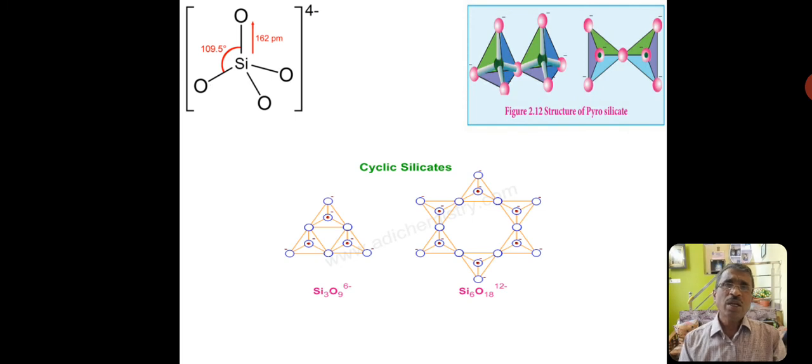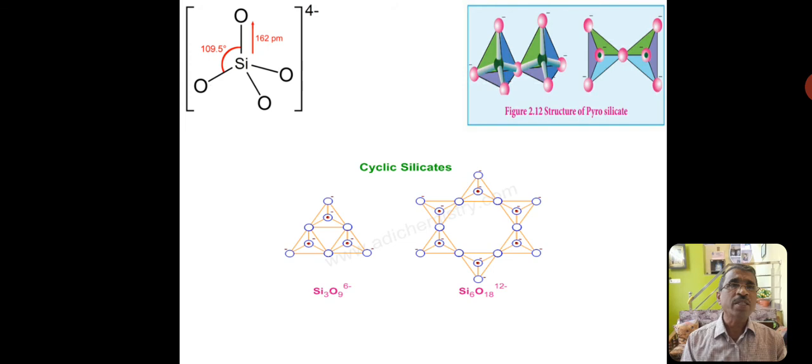Now this shows the structure of the silicate. The silicate structure I have shown is SiO4 4 minus. The bond angle is 109.5 degrees and the bond length between silicon and oxygen is 162 picometers. In the case of pyrosilicates, I have shown two silicate ions linked with each other through oxygen, and the other oxygens carry the minus charge.